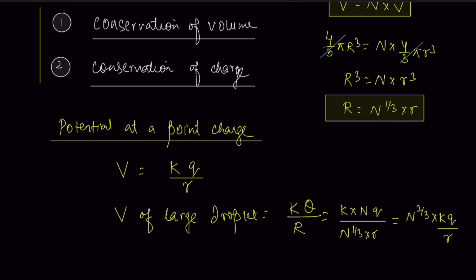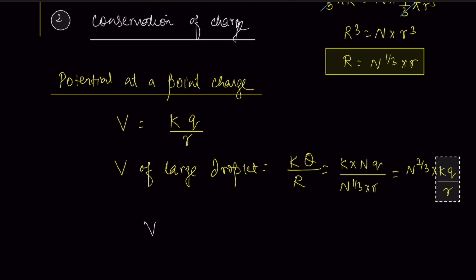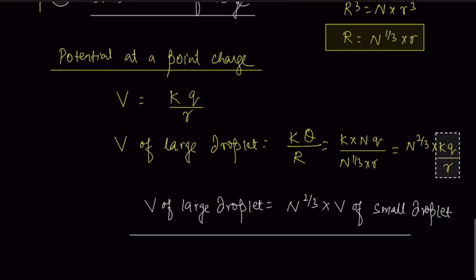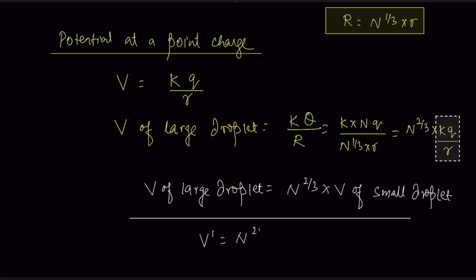So small q by small r, this part, is nothing but the potential of a small charged drop. So we can also write it as the potential of the large droplet is equal to n to the power 2 by 3 times the potential of a small droplet. So this is the answer to this question. V dash is equal to n to the power 2 by 3 times V.